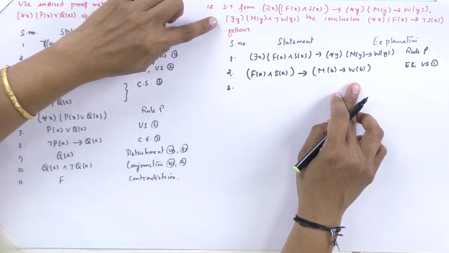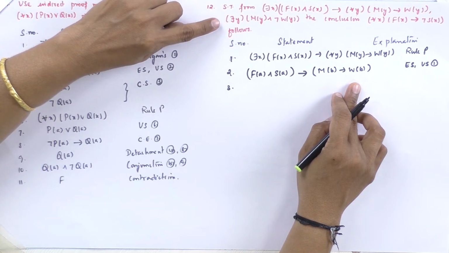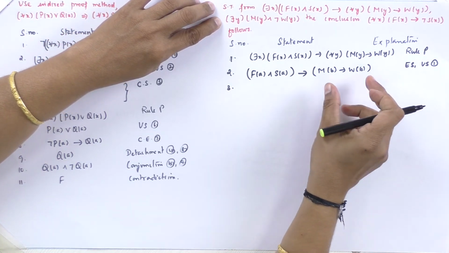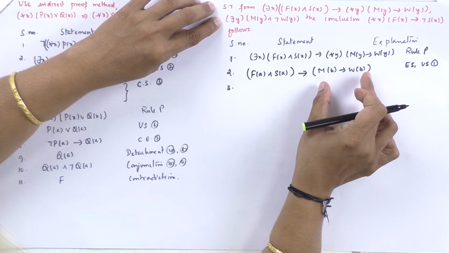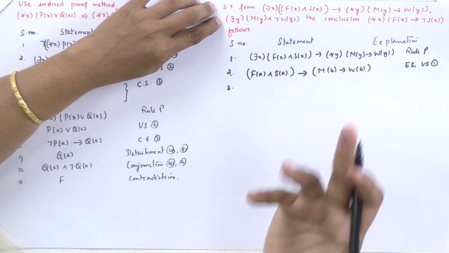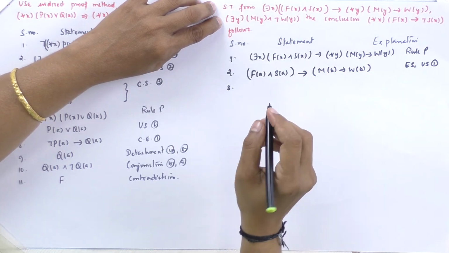Now, see that we have got this part to be the second premise. So, what we can do is try to convert this term into a term of this form, so that we can apply modus tollens and we can get it somehow.